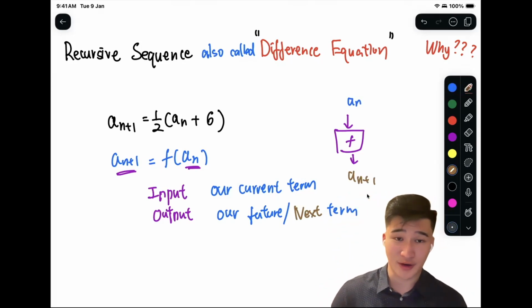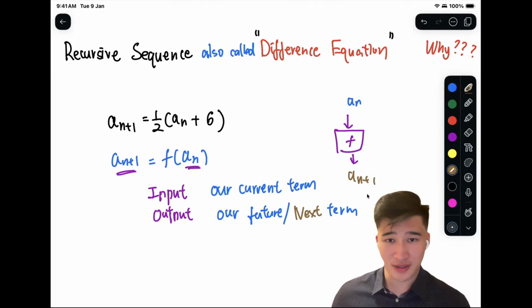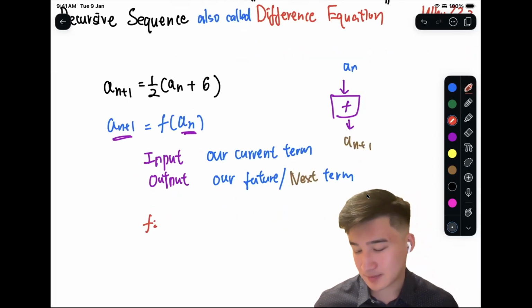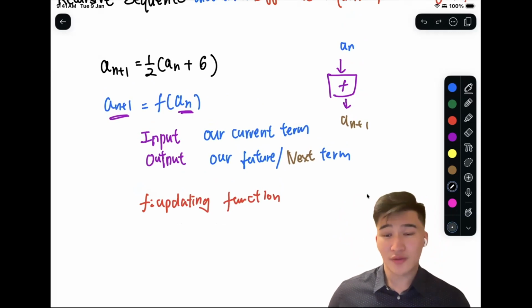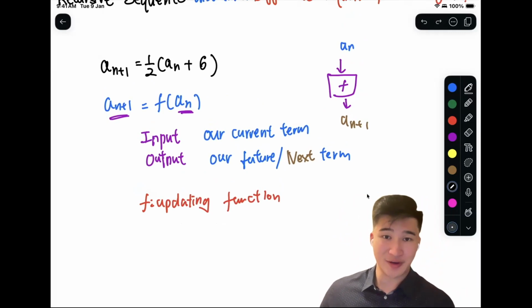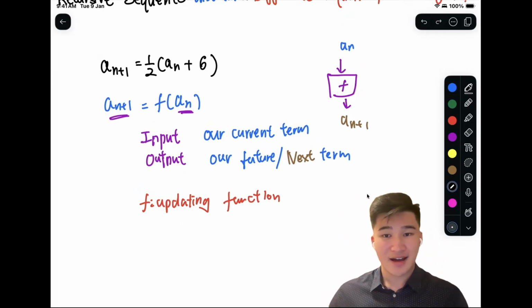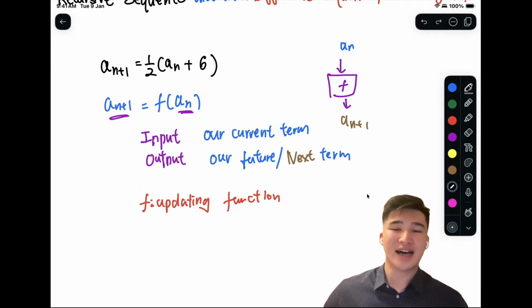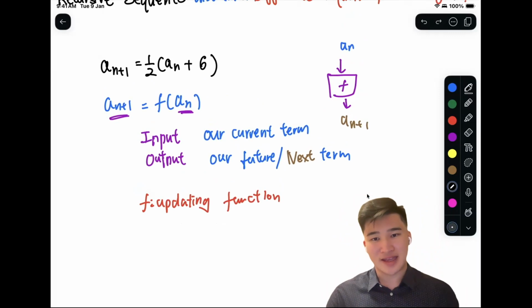I hope this makes sense so far. And there's actually a name for this function, f. The f here is called an updating function. So why is it called an updating function? If you look at what just happened here, if you input our current term to the function, it automatically outputs the next term. So it's just updating the value. You're updating an old value and you get a new value.